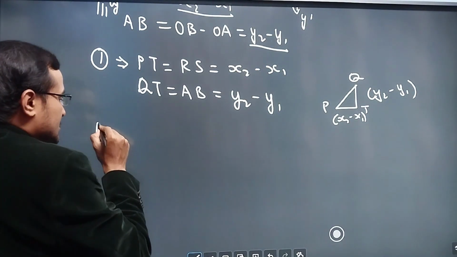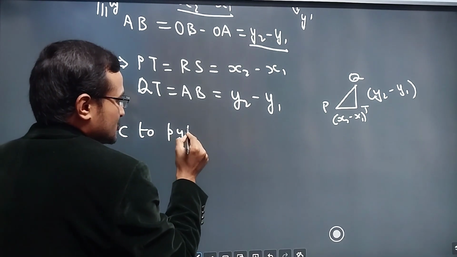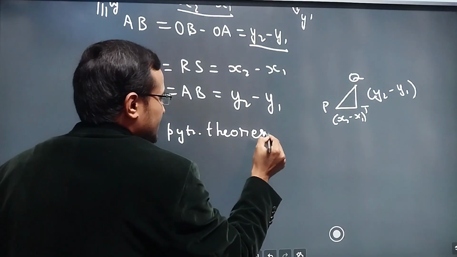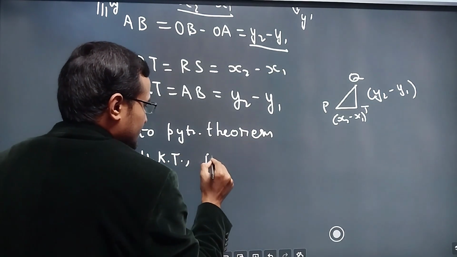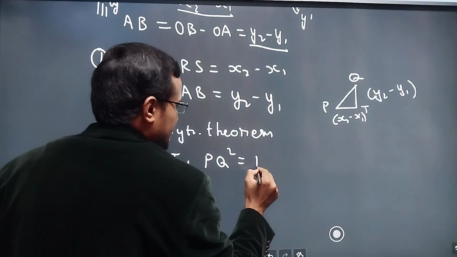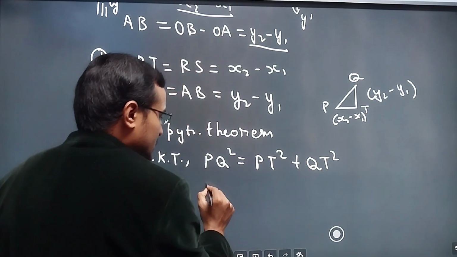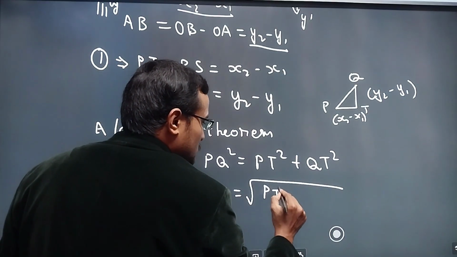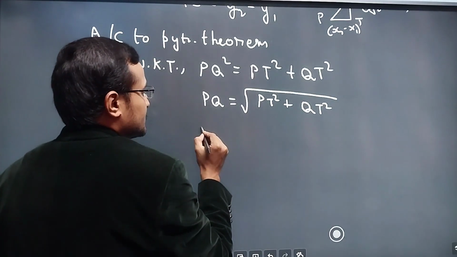So here according to Pythagoras theorem, we know that PQ square is equal to PT square plus QT square. So if you take square root on both sides, then PQ will be square root of PT square plus QT square. So what will be the value for PQ?